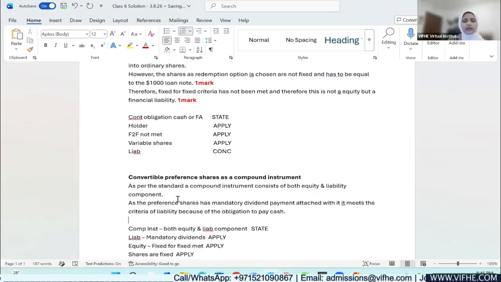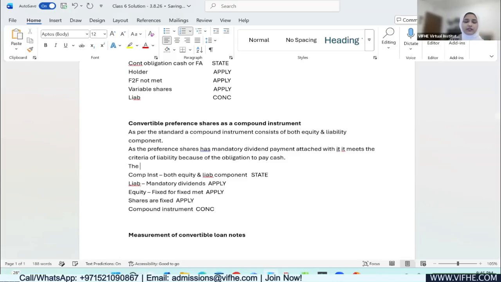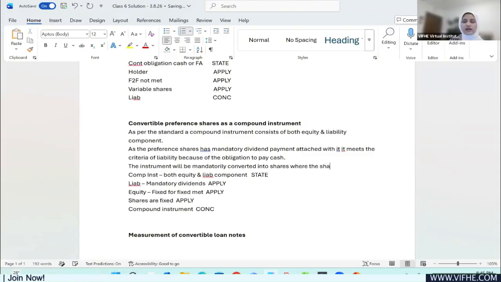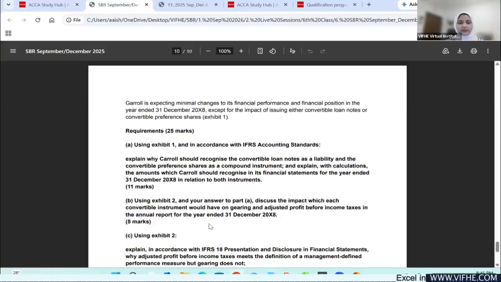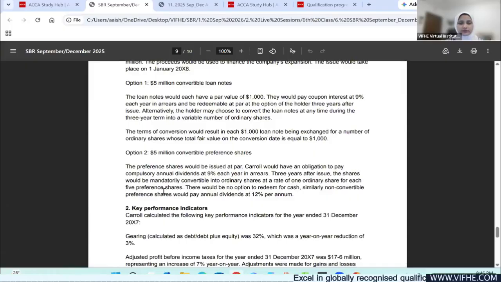Okay. Then from the equity perspective, what point was equity? The instrument will be mandatorily converted into shares where the shares are fixed. If I may go back to the scenario, fixed 1 ordinary share for each 5 preference shares.